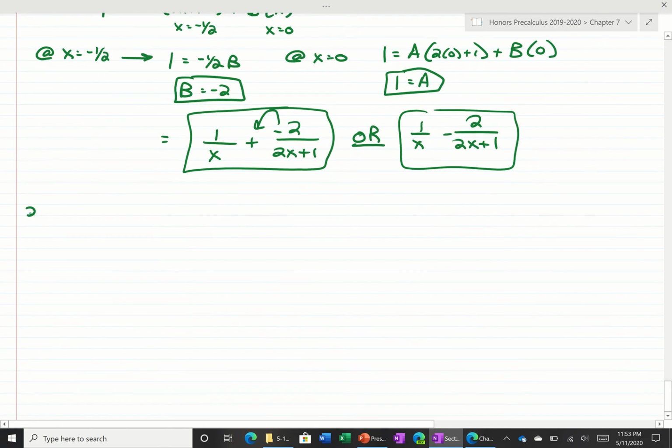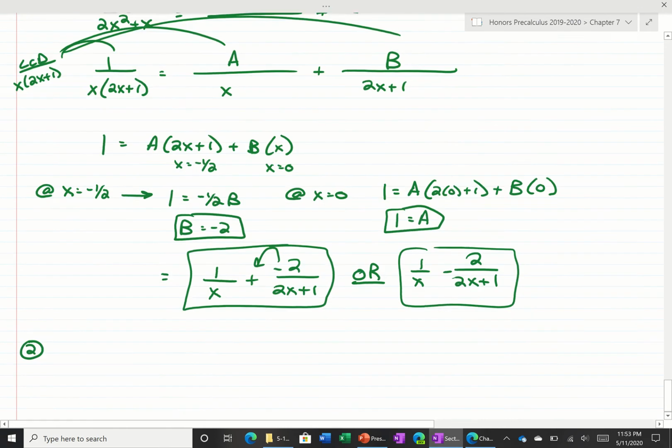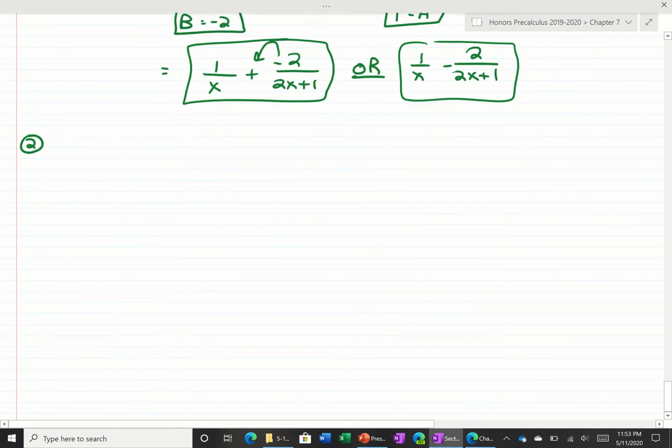And then the second problem I asked you to do for homework, let's see here. We have x squared plus 12x plus 12 over x to the third minus 4x.